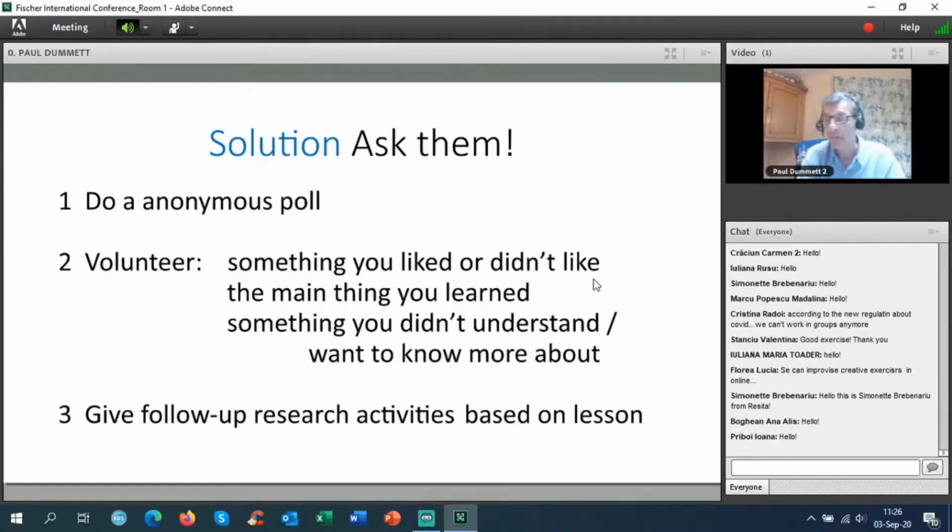Maybe with the tightrope one, it would be find examples of other tightrope walkers. Do beware of setting homework and then forgetting to get it back. But those kinds of research activities can be a good measure for you of whether they enjoyed the content.